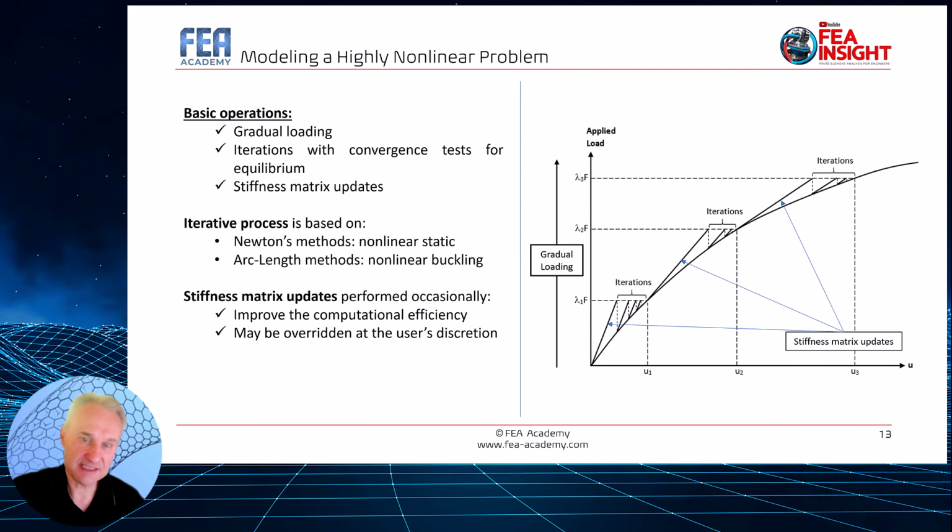Also, the stiffness matrix updates are performed occasionally to improve the computational efficiency, and they may be overridden by the user's discretion. By that, I mean that you can ask the solver to decide when the stiffness matrix is updated, depending on the variation of the stiffness during the iterative and incremental process.